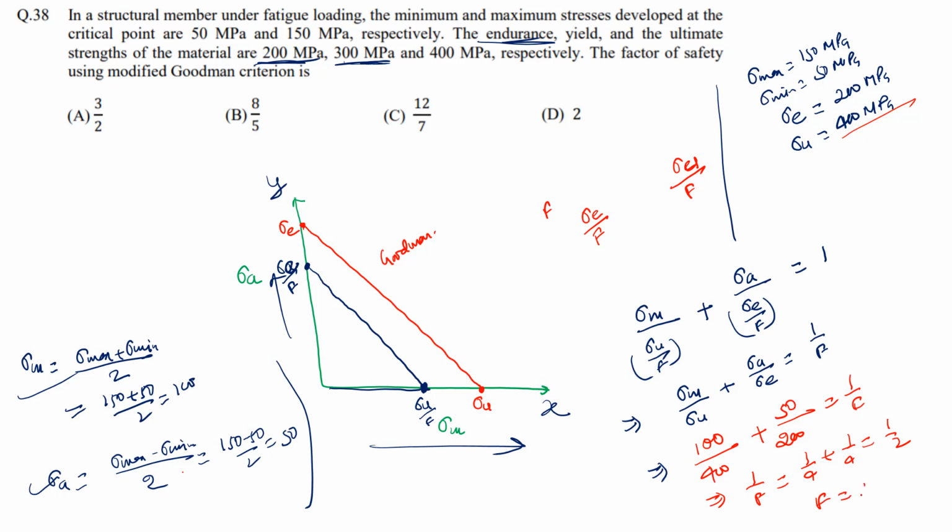So F equal to 2. What is the factor of safety in this case? It is 2, right? This is a very good question, more inclined to mechanical engineering, but a metallurgist also should know this.